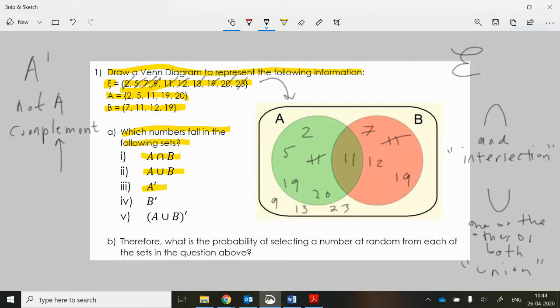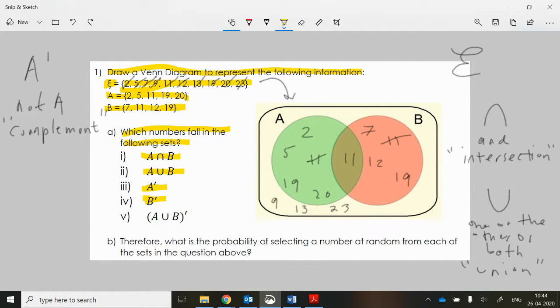This is the complement, so it means not A. Okay, put speech marks there. Okay, so for not B is very similar. It's everything which is not in B. Okay, and that includes the things which are on the outside as well. But everything in here is in B, so we couldn't include those.